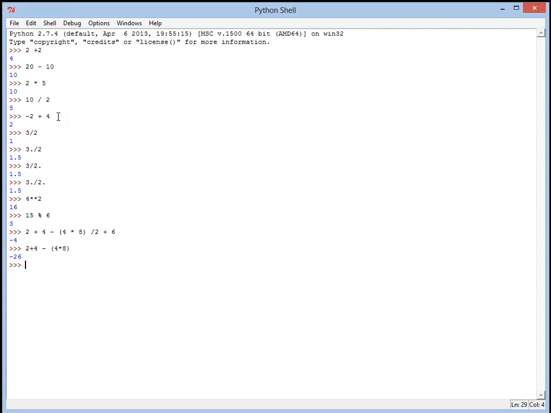And now that gives you negative 26, because as you know, it does the multiplication of 4 times 8, which is in the parentheses, first, then it does your addition, so 2 plus 4, which is 6, and then subtracts that from what you got when you multiplied 4 times 8, which would have been negative 32.